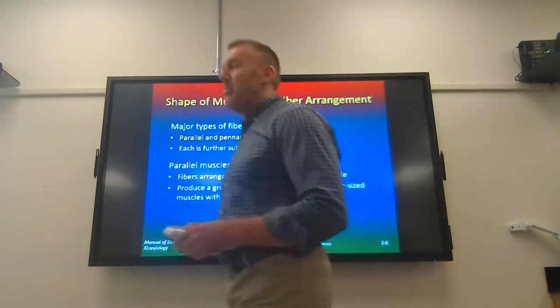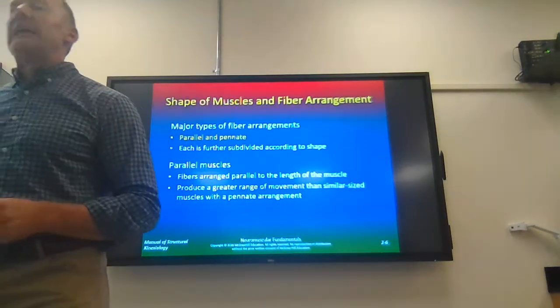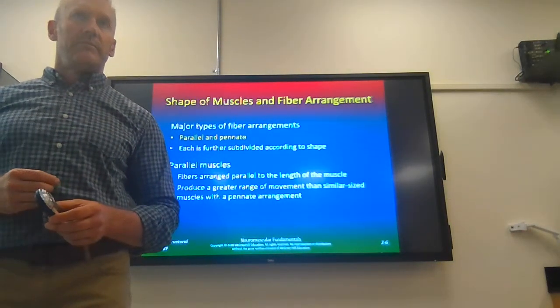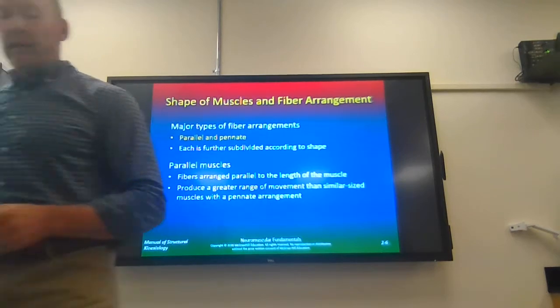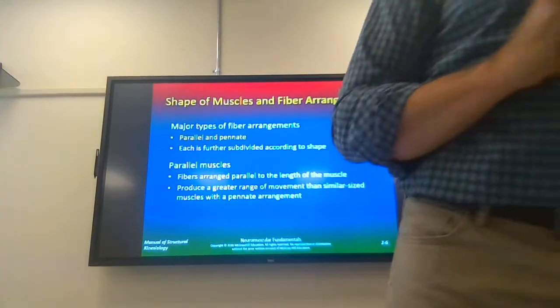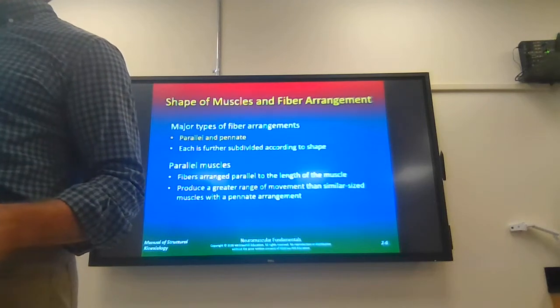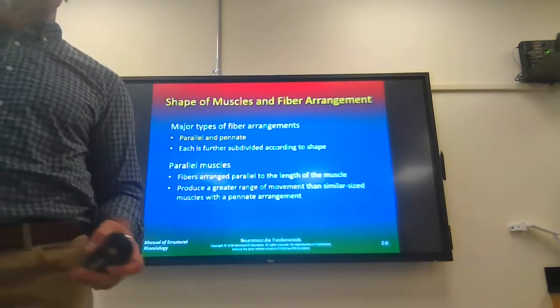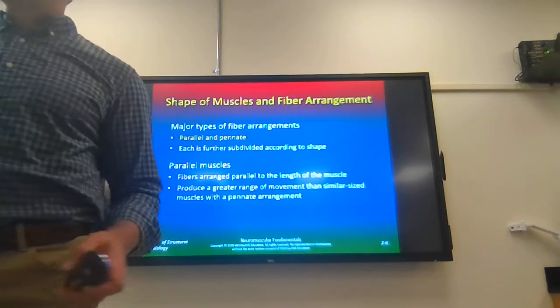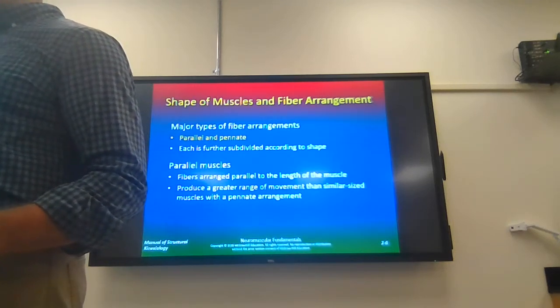Parallel muscles have fibers arranged parallel to the length of the tendon. I like an analogy: a whole muscle is like a box of uncooked spaghetti, and each of those uncooked spaghetti noodles represents a muscle cell.